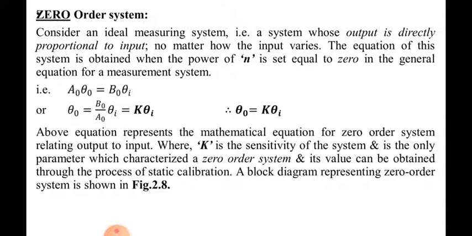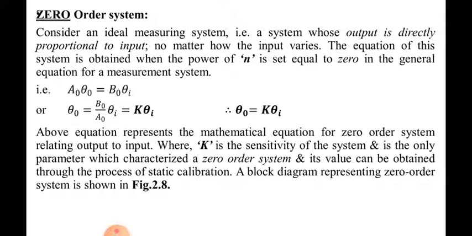Therefore theta o is equal to k theta I. Here we can say that theta o is proportional to theta I, and the proportionality constant is k. The above equation represents the mathematical equation for a zero order system relating output to input.